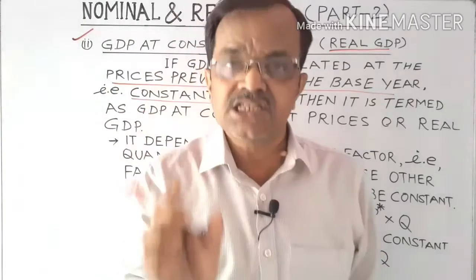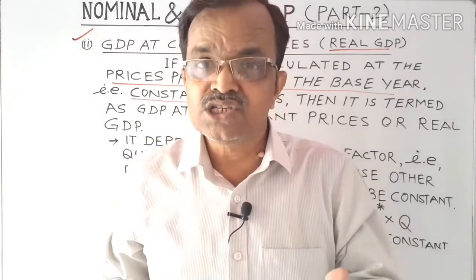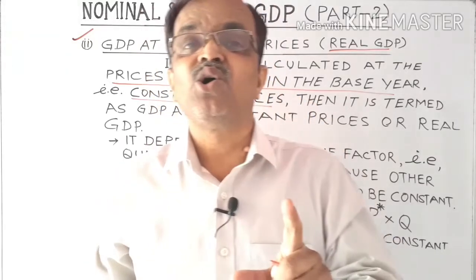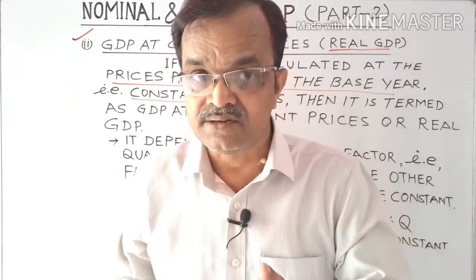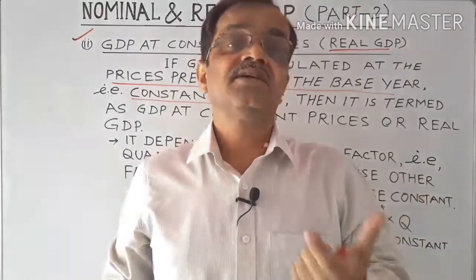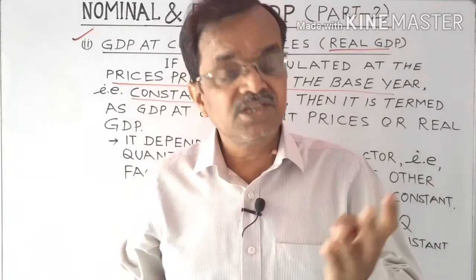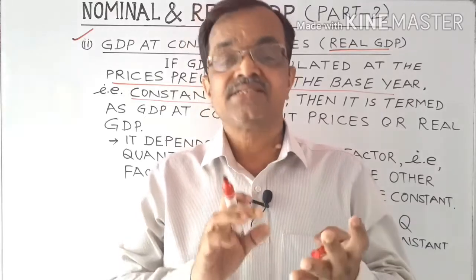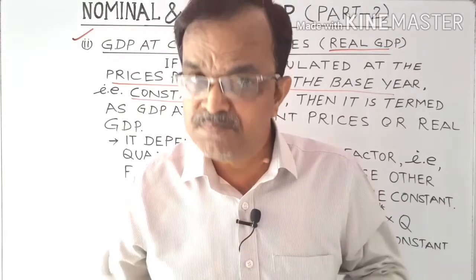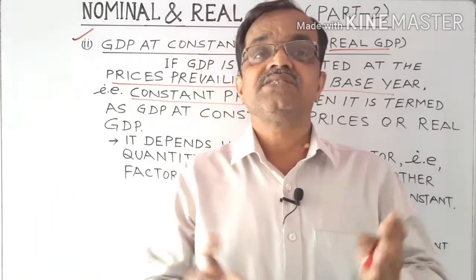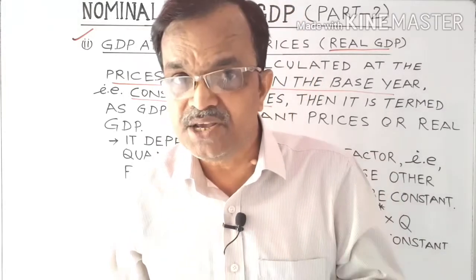Now this GDP at constant price depends upon only one factor. I discussed in the past that there are two factors on which GDP depends. First is the quantity of output, and second is the price level, that is P, and the product of the two is taken to be the value of GDP.